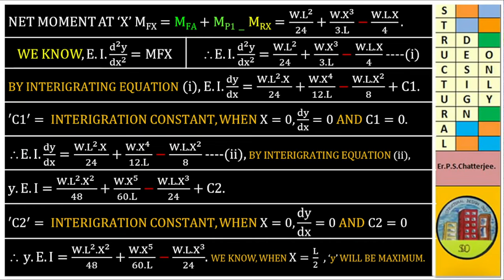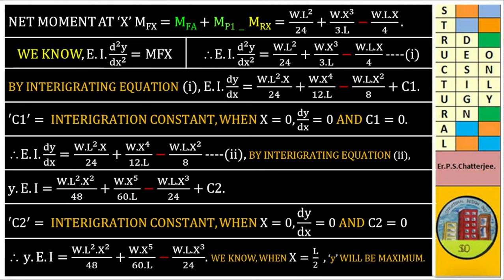We also know the differential equation for moment at any section, MFX is equal to EI d2y by dx2. Therefore, EI d2y by dx2 is equal to WL square by 24 plus Wx cube divided by 3L minus W into L into x divided by 4. This is our equation number 1.